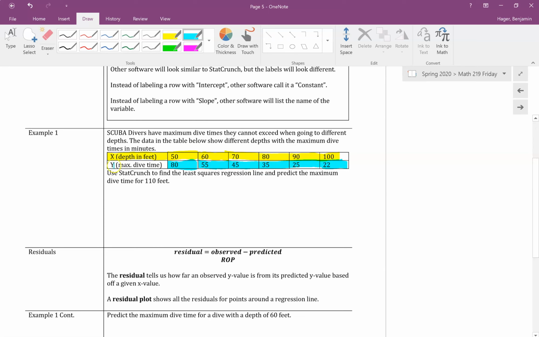only 22 minutes. So they have gone ahead and chosen the independent and dependent variables for us, the x's and the y's. What we've got is depth for my x value, dive time for my y value, and just thinking about it, I think we're going to have a negative correlation going on, because as the depth is increasing, as you go deeper and deeper, you get closer to 100 feet, we see the dive times going down.